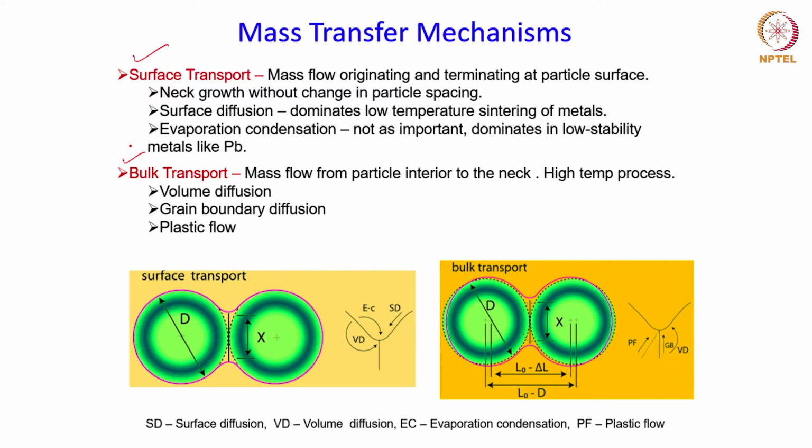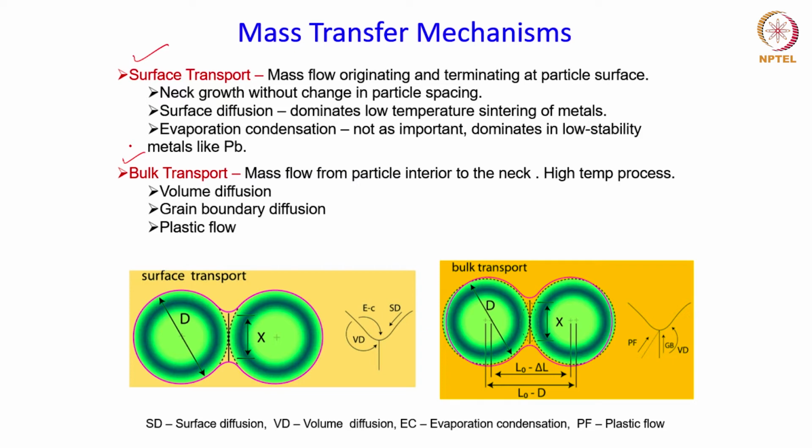On the other side, the bulk transport, which is basically the mass flow from the particle interior to the neck, includes volume diffusion, grain boundary diffusion and plastic flow. All of these mechanisms lead to neck growth and bonding between the particles.